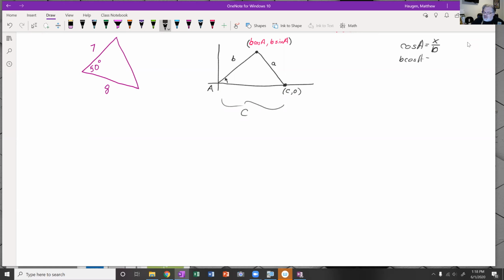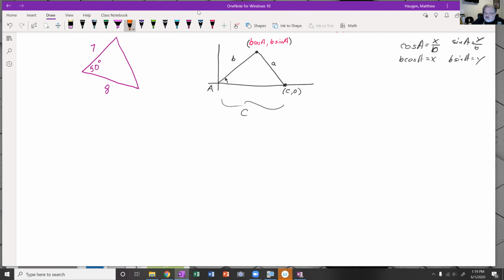B cosine A is the x, and similarly, the y value is B sine A. We used that when we built the angle sum and difference formulas for cosine as well. So we have all of those coordinates there.